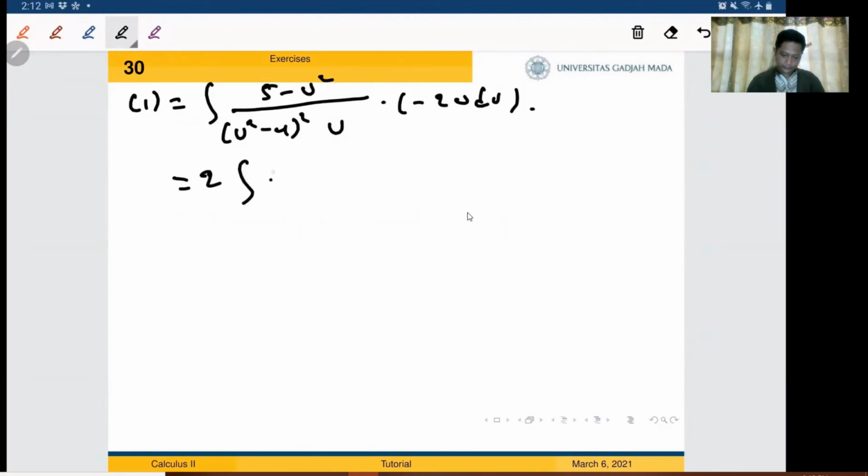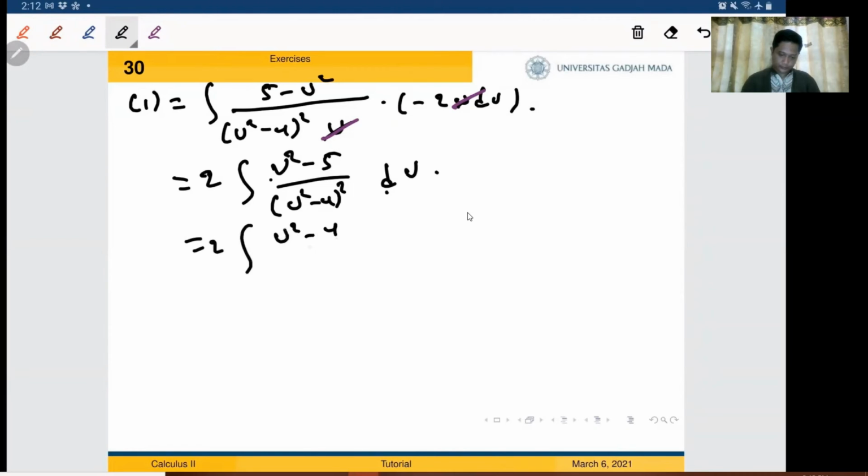So I have u square minus 5 over u square minus 4 square times u. And my u is cancelled out because I have this u and this u, right? And I only have the u left.